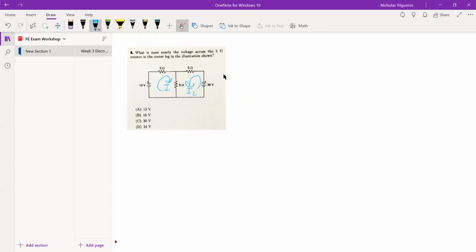All right. Based on Kirchhoff's loop rules, if we go through this loop here, we can get an equation for the left side of the circuit. We start with positive 10 volts, and we drop by 5 ohms times I1, and then drop by 5 ohms again times (I1 plus I2), and it equals 0, because we get back to the source, which is 0 potential.